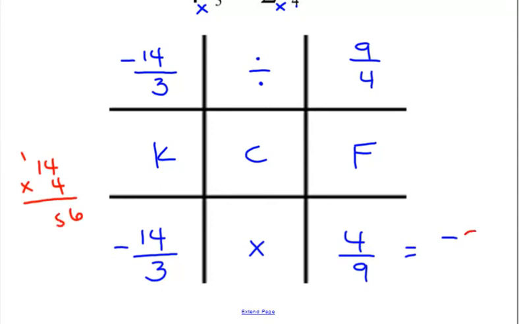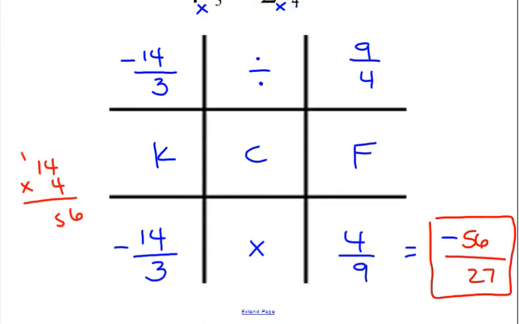So that's going to be 56 over, what's 3 times 9? 27. And let's see, 27 times 2 is going to be 54. So that's going to be negative 2 and 2 over 27.